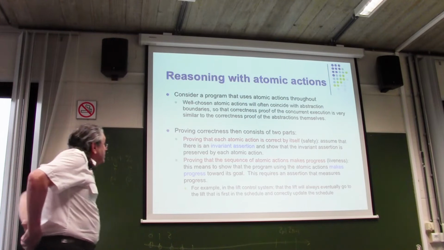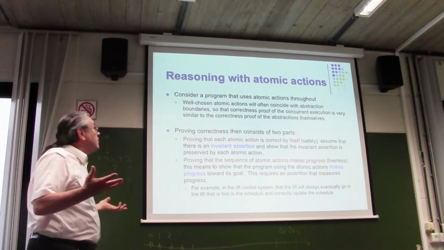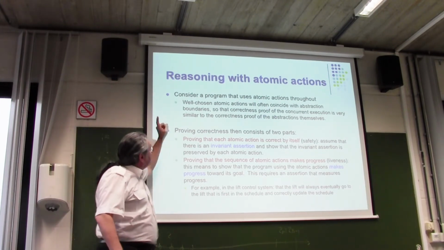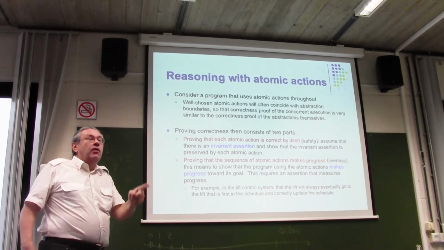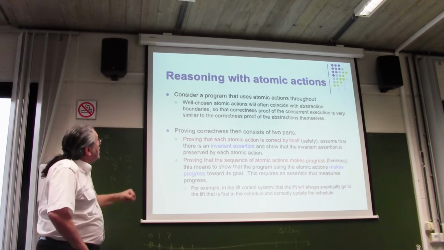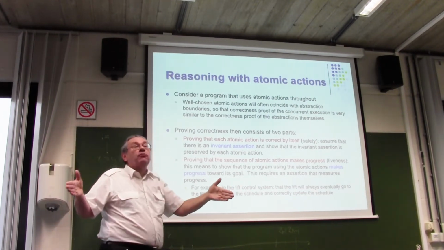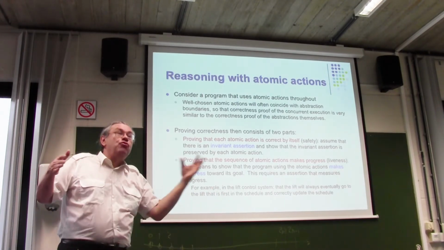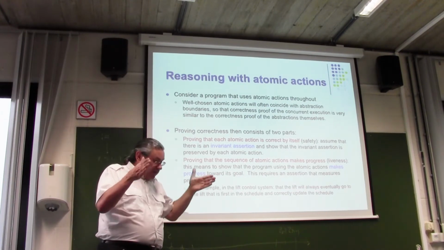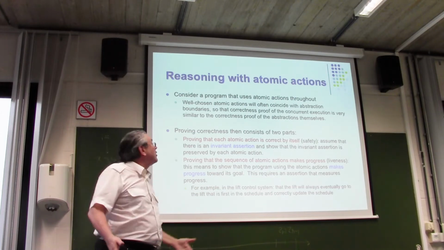And now I give you like a summary. How to prove. You have to reason. You have to do correct by design. We assume the program is only using atomic actions. Locks. You have locks everywhere. Grouping things. In fact, the locks will be on abstraction boundaries. So if you have a queue or a stack or dictionary, some kind of abstraction, then the abstraction will be inside of a lock.